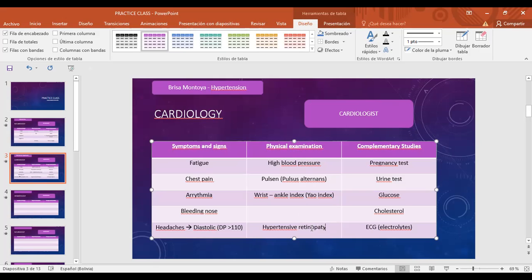How do we do that? When we check the retina, if there is some pathological sign of hypertensive retinopathy, that would lead us to hypertensive nephropathy. You suppose that there is damage in this patient's kidneys.